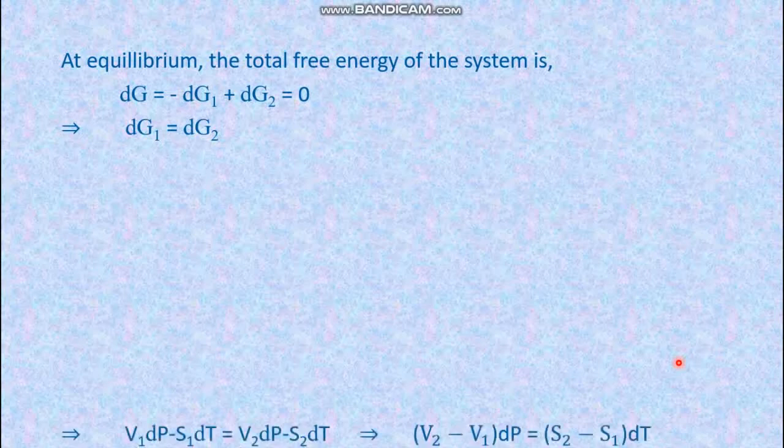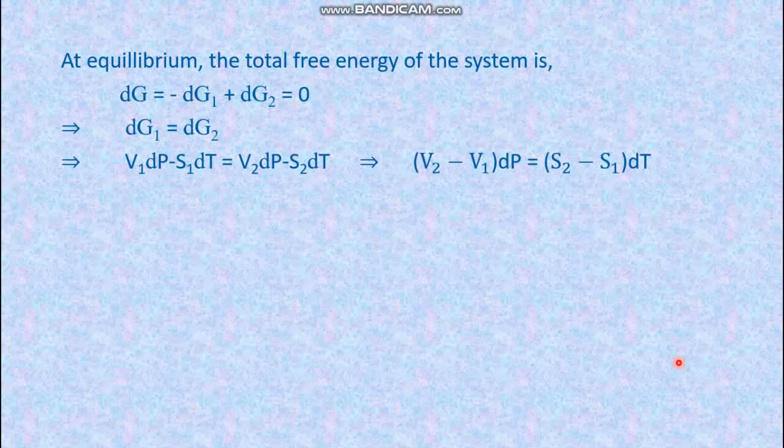So let's equate the right hand sides of these two expressions: the expression of dG1 is V1 dP minus S1 dT, and the expression of dG2 is V2 dP minus S2 dT. Now the dP terms are taken on the left hand side, and the dT terms are taken on the right hand side. As a result, we get the expression (V2 minus V1) dP equals (S2 minus S1) dT.